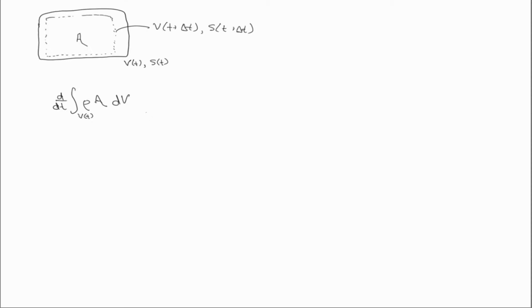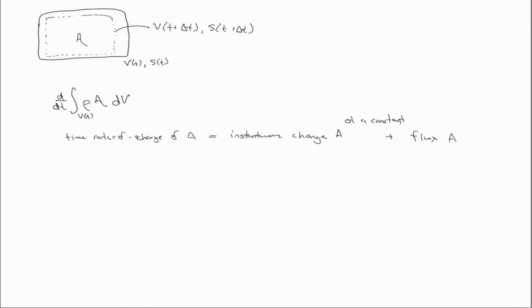So in words, what we're interested in is the time rate of change of A inside a changing V. And what that has to equal is the instantaneous change in A. So what I mean by instantaneous is, at a constant V, plus the flux of A, right?